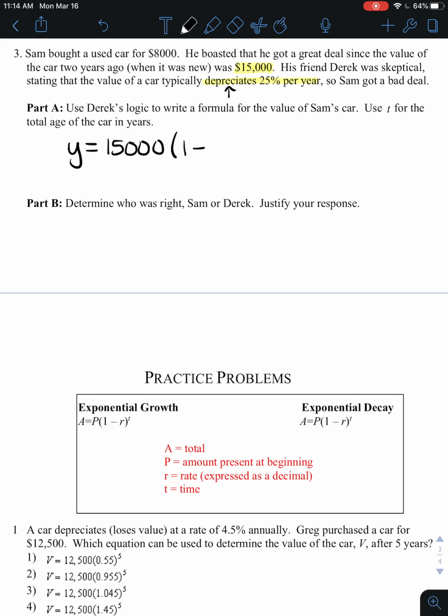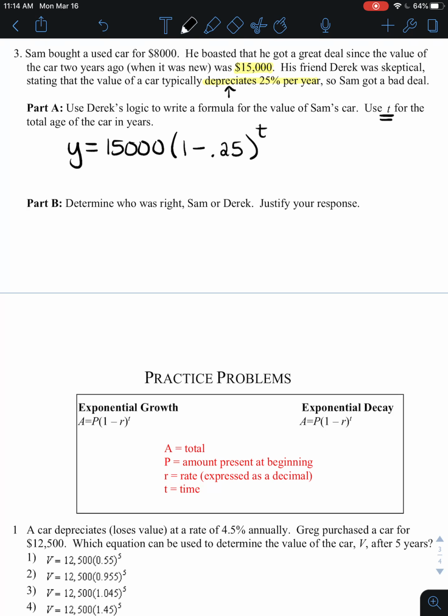So Derek thinks that the car depreciates by this 25% a year. And they said we can use T for time in years. So this would be the equation. Again, you could have used an A instead of Y, but that should have been the setup. You have your 15,000 is the initial amount of the car 2 years ago. 1 minus 0.25 because we're depreciating or decaying at a rate of 25% each year, and they told me to use T for the years.